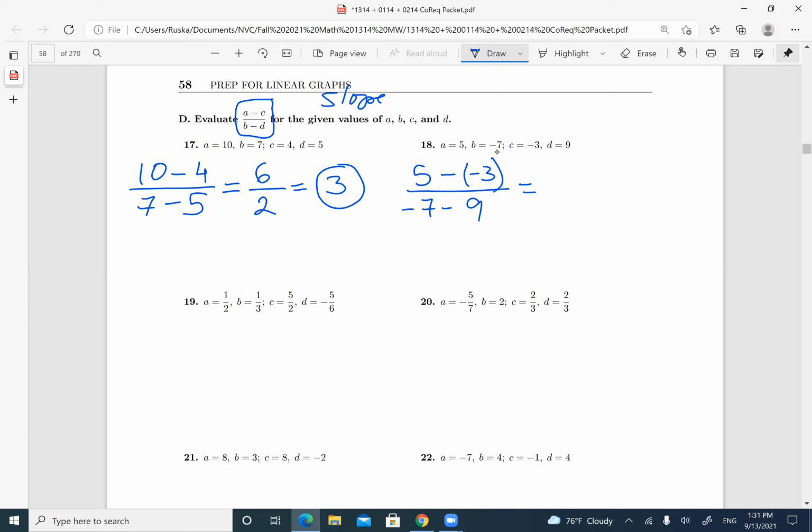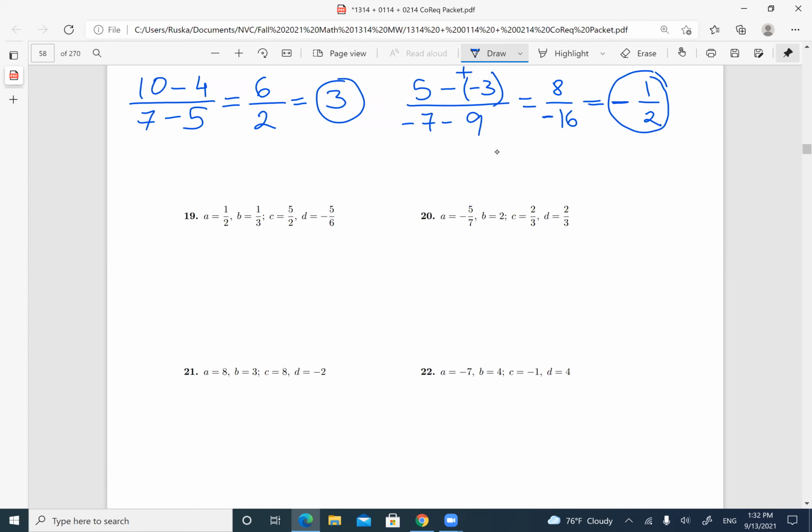So here we have negative and negative 3, so that's going to be plus 3, right? 2 negatives make a positive. So 5 plus 3 is 8. And then in the bottom, negative and negative, you're going to add it, so it's going to be negative 16. And then how do you simplify 8 over 16? So the answer is negative, and you can reduce that, divide by 8 up and down, so it's going to be 1 over 2. So the answer is negative 1/2. You reduce it and leave it as a fraction, okay?